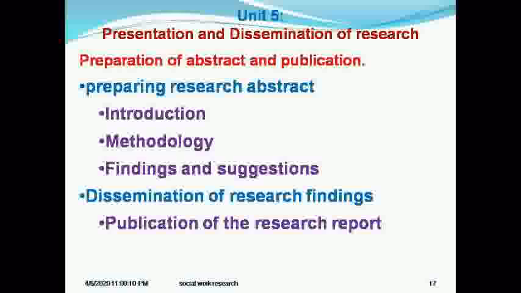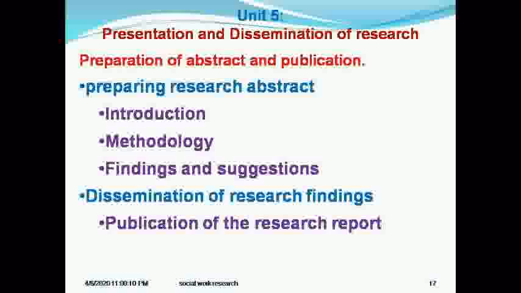The first part is the introduction, a summary of the problem statement, the relevance of the topic, the significance of the research, maybe one page, the introduction, followed by methodology used for the research, whether it is a descriptive study, or it is an experimental study, or it is a survey research, or it may be comparative analysis, or an impact assessment, what type of study it was. That should be explained, maybe another half a page or one page.